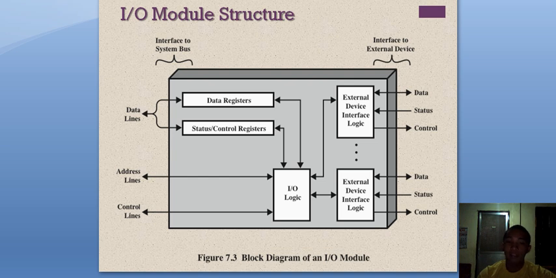The module must also be able to recognize and generate addresses associated with the devices it controls. Each input-output module has a unique address or, if it controls more than one external device, a unique set of addresses. Finally, the input-output module contains logic that is specific to the interface with each device that it controls.